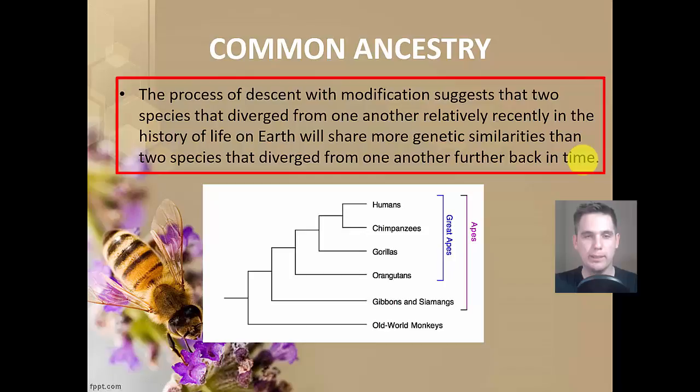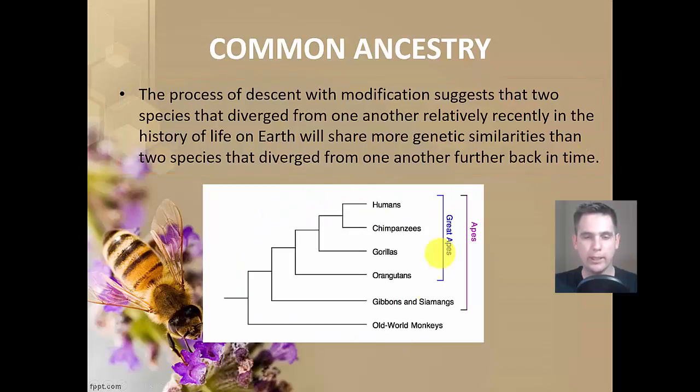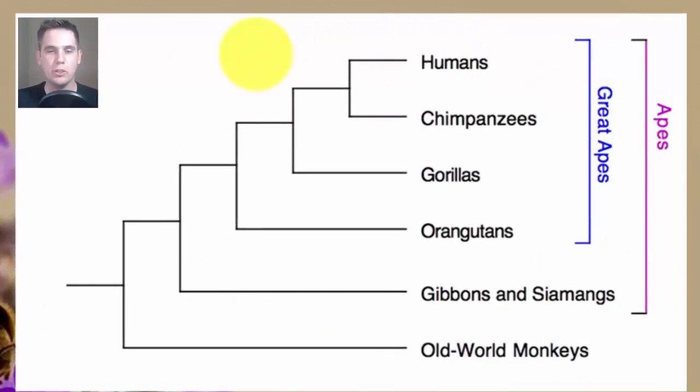So what does that mean? That means when you look at a diagram like this, it's trying to show you how closely related each of these organisms are. And how we know that is based on how far back in time we go to find the common ancestor between any 2 of these.